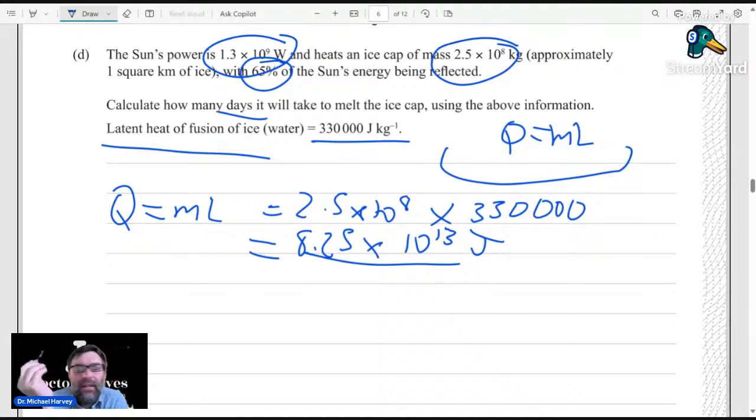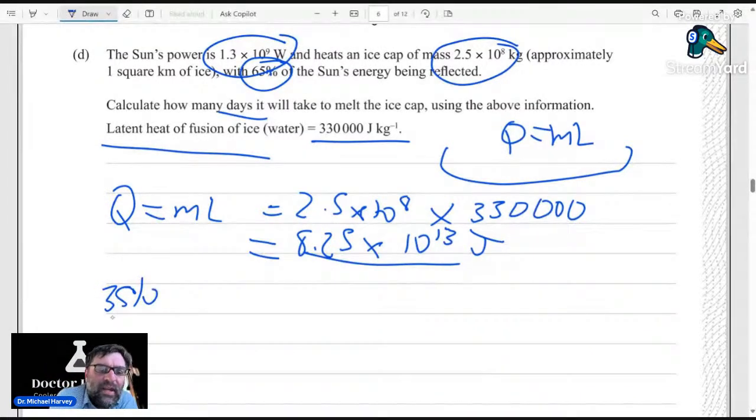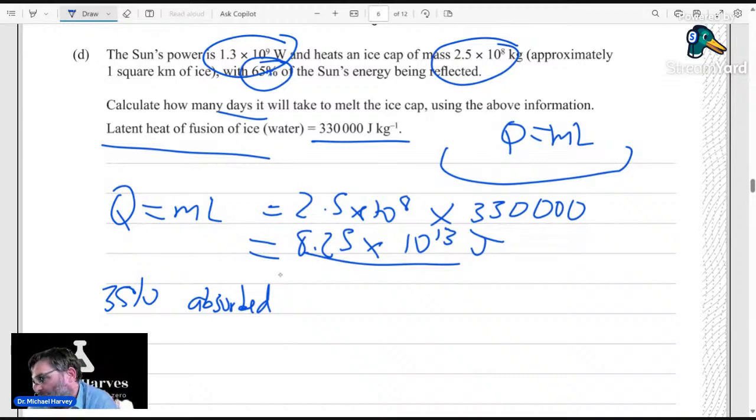Then we've got an efficiency question because 65% of the sun's energy is being bounced back. That means only 35% is being absorbed. 100 minus 65 is equal to 35% actually being absorbed by the ice cap.